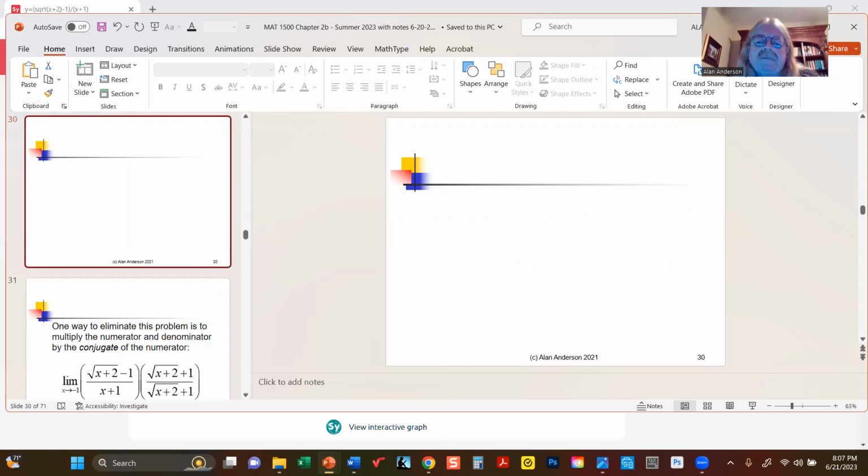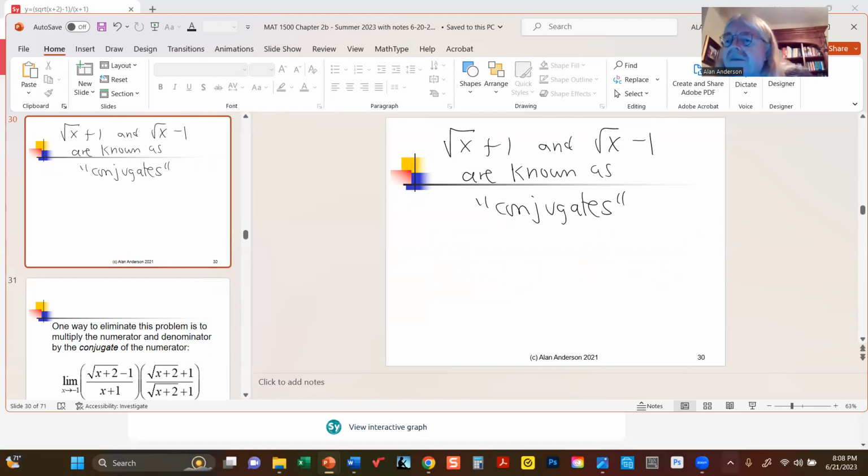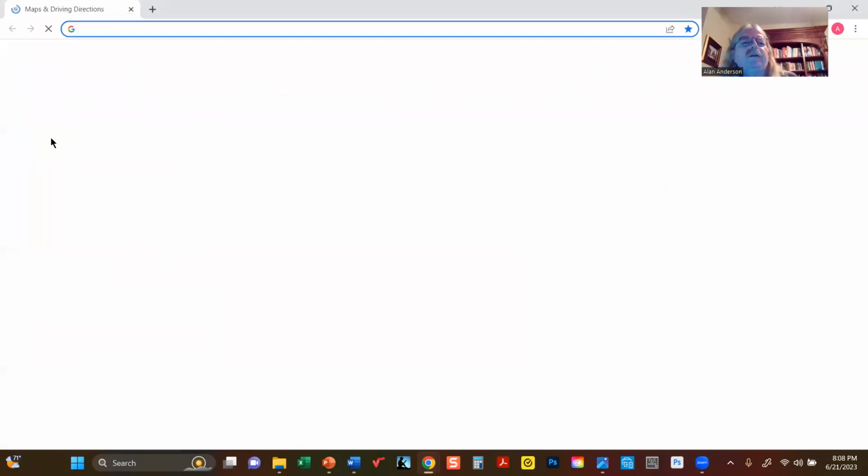You might remember this concept of conjugates, because it's the same radical and the same constant. It's just that one is plus and one is minus. In fact, maybe what we should do is look up a formal definition.